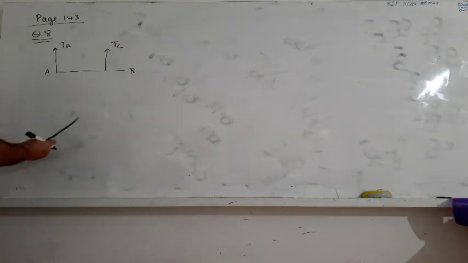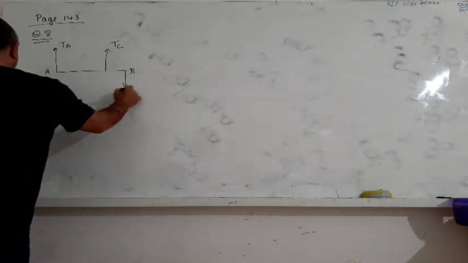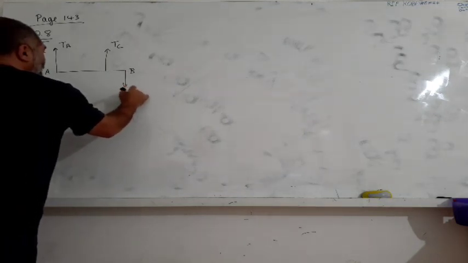The loaded plank is held in equilibrium with AB horizontal by 2 vertical ropes attached at A and C as shown in the diagram. The plank is modeled as a uniform rod, which means the center of mass is at the midpoint. So this is 2 meters because the total distance was 4 meters.